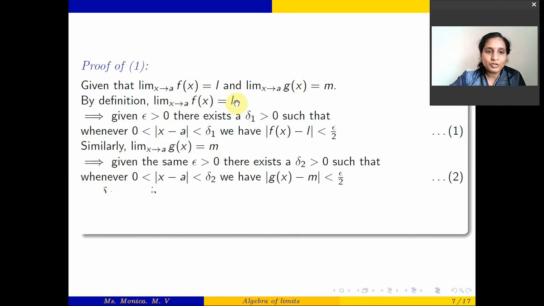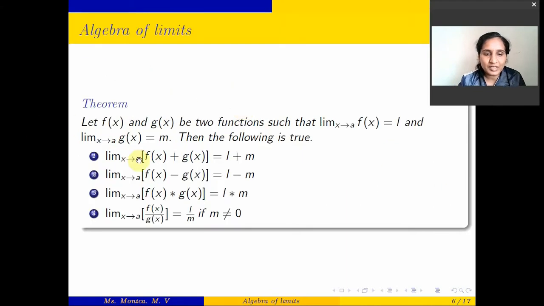Now, what I want to prove is limit x tending to a f of x plus g of x is equal to L plus m. Then what should I show? When the distance between x and a is less than delta, I want to show that the distance between f of x plus g of x and L plus m should be less than epsilon.